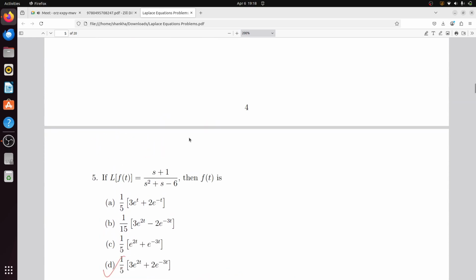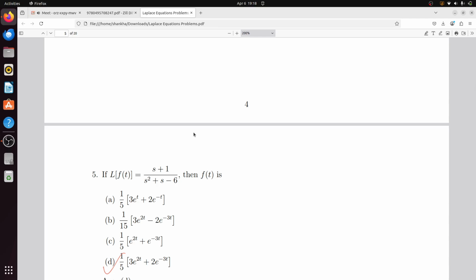Next, this is just a problem based on partial fractions. This is s plus 1 by s square plus s minus 6.